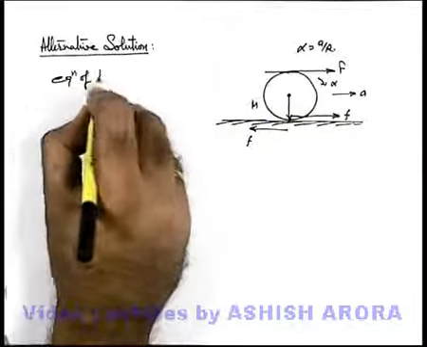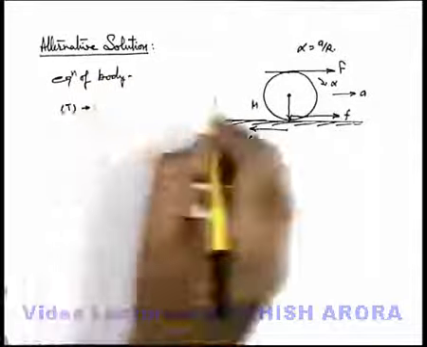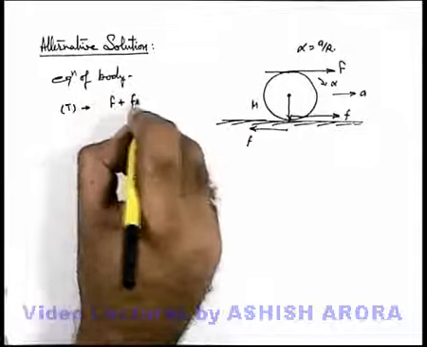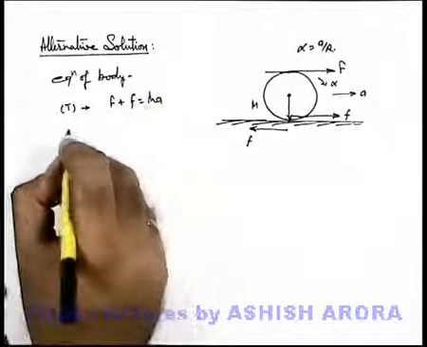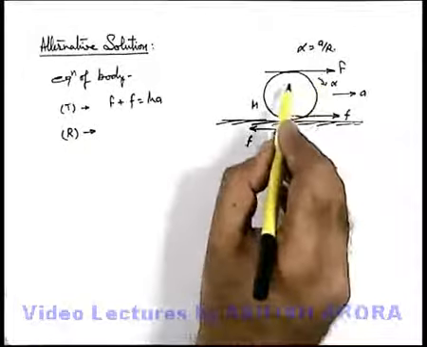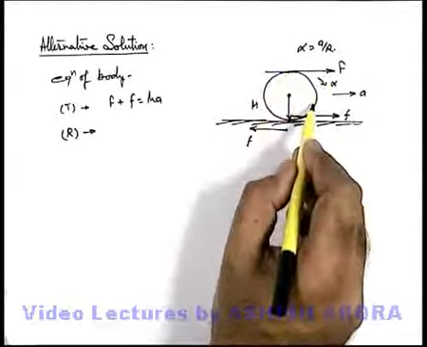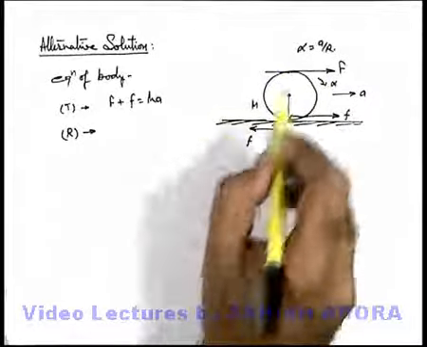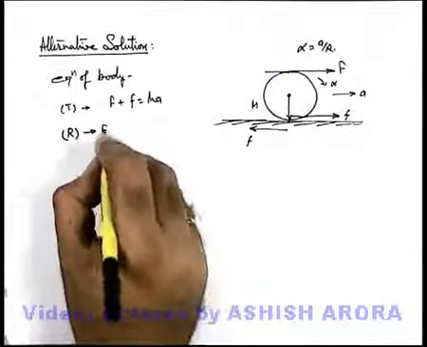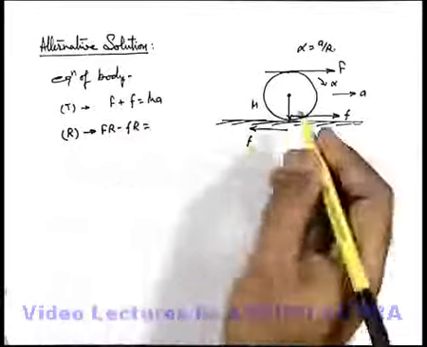For translational motion we'll write F plus f is equal to ma, and for rotational motion the external force is applying a clockwise torque on the body and friction is exerting an anti-clockwise torque. So we can write Fr minus fr is equal to I alpha.